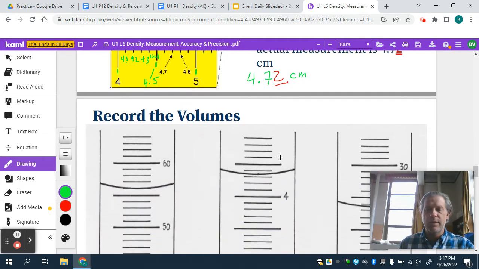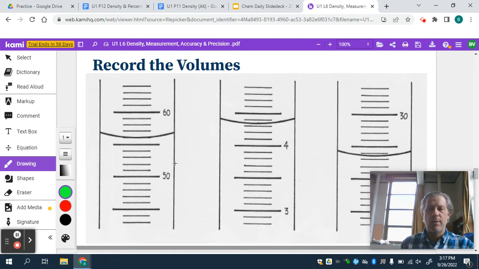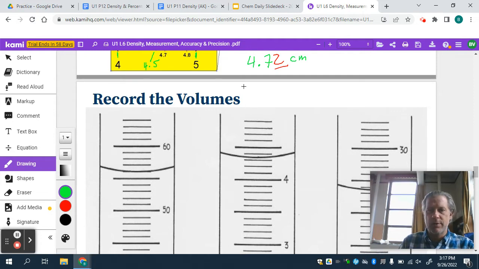Now we're going to take a look at these graduated cylinder pictures. First of all, the thing I want to point out about measuring things in a graduated cylinder is something called the meniscus. The meniscus is the level of water that has a little bit of a curve in it.